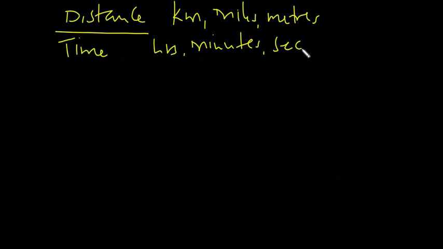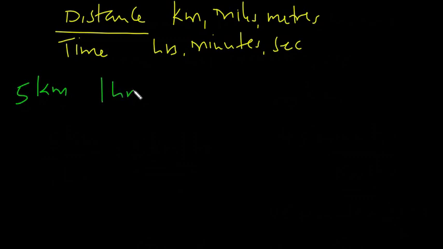So let's go directly to some examples, because this topic is not really difficult and we can handle it within a very short time. Let's say that we have a cyclist who covered a distance of 5 kilometers in 1 hour.